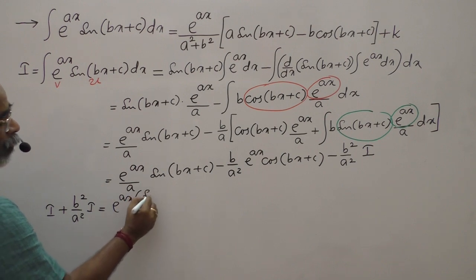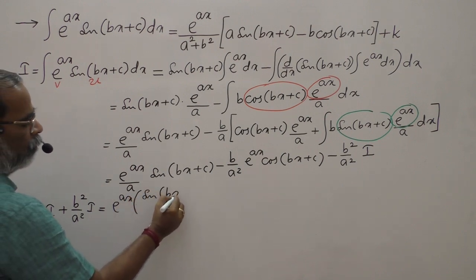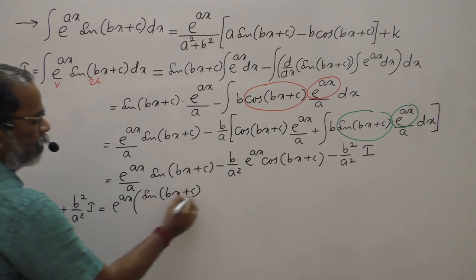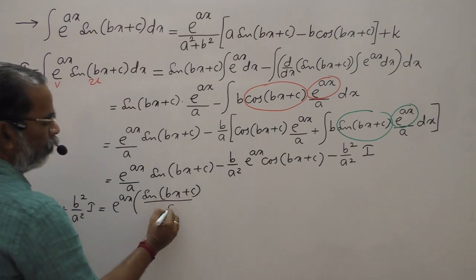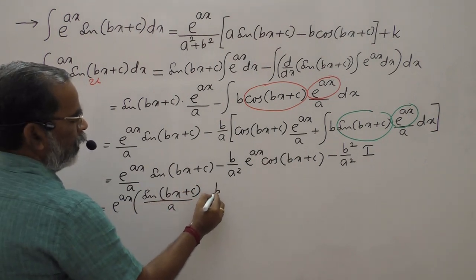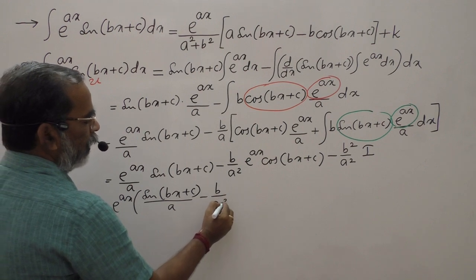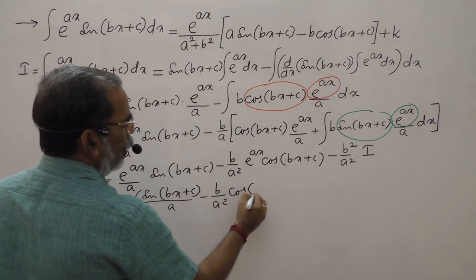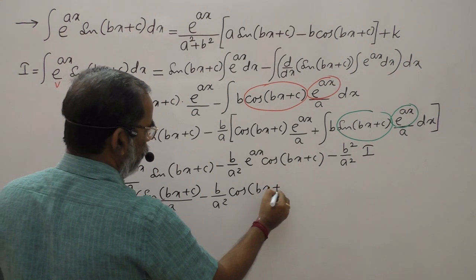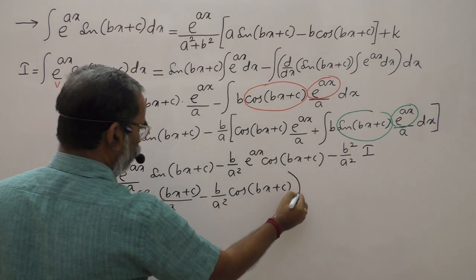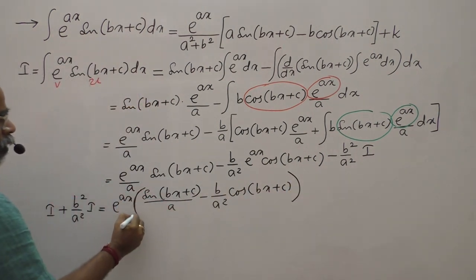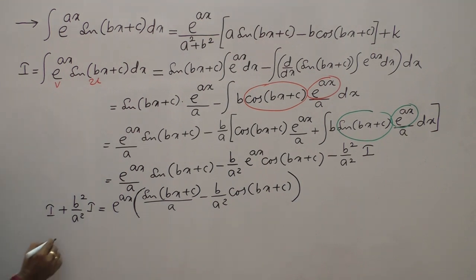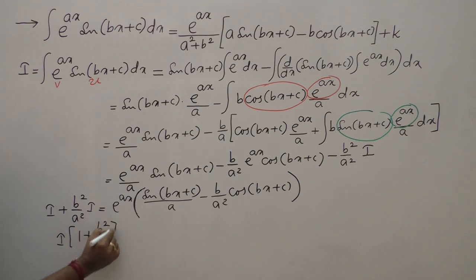If I take e power ax common, I have sine of bx plus c by a, and here b divided by a square, into cos of bx plus c. I have these two now. Okay, here what I do, I will take I common. If I take I common, 1 plus b square by a square.